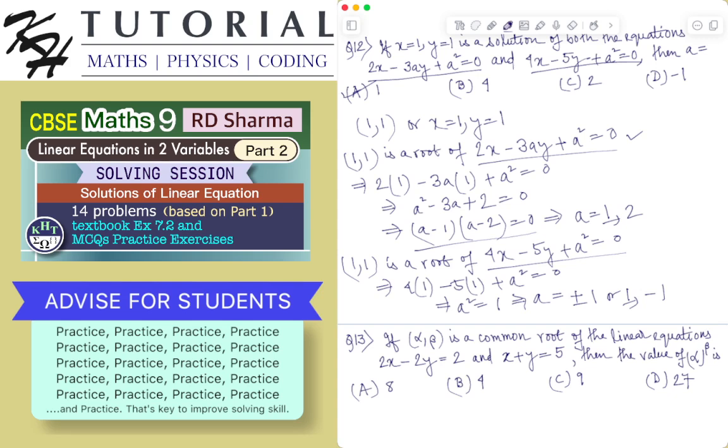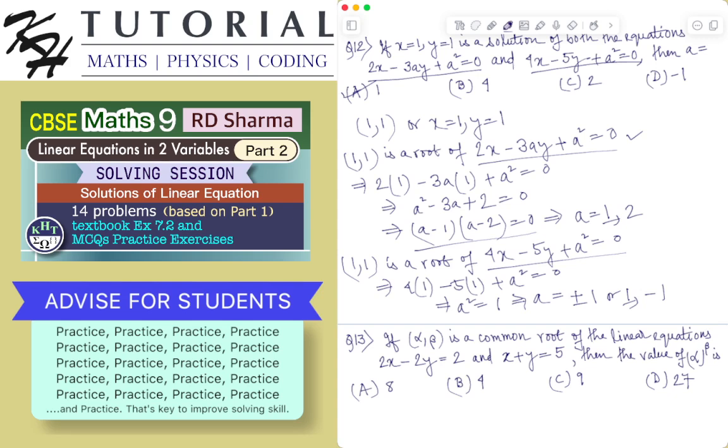From satisfying the ordered pair 1 comma 1 with the first linear equation, we are getting the value of a to be 1 or 2. Now 2 cannot be the value of a, because if the value of a is 2, then after putting a equals to 2 in the second equation, whatever that linear equation will be, it will not be satisfied by the ordered pair 1 comma 1.